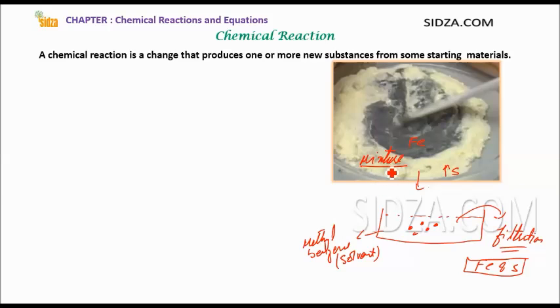However, if I take a very hot metal piece, right, a very hot metal piece, I insert it in this one. So basically I am trying to give energy to the reaction mixture, to this mixture of iron and the sulfur. Now what will happen?